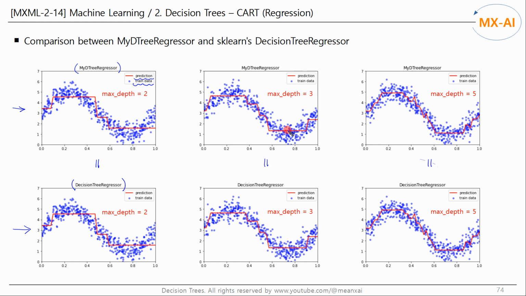Now let's see how the predictions change as we vary the tree depth. If the tree is too shallow, the model may underfit the data. On the other hand, if the tree is too deep, overfitting may occur. In this example, we used a dataset with a single feature, but the same code also works well with multiple features.